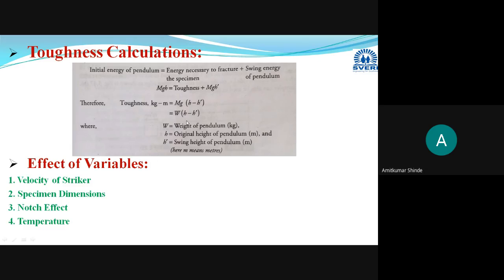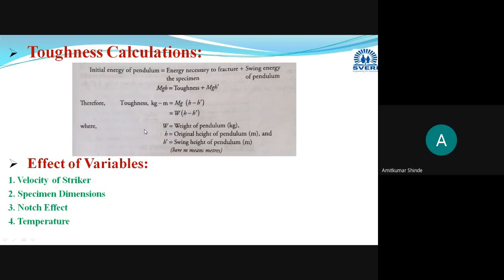You can calculate the toughness value simply: this is the total weight of the pendulum, mass into gravitational acceleration, and the difference of the initial height and swing height. In this way you will get the toughness value from this test.